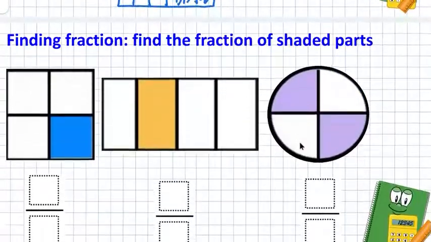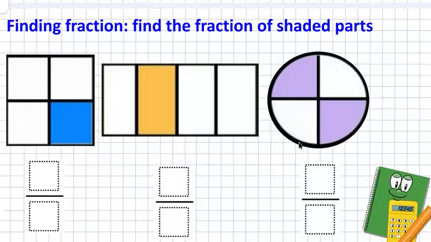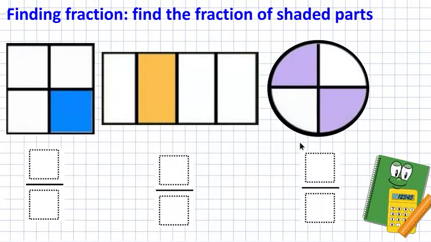So lastly, we are going to look at this diagram and find the fraction of the shaded parts. It's very simple. The first thing you need to do is count the parts that are shaded. In this first one we have 1 shaded part, and the total parts here is 4.